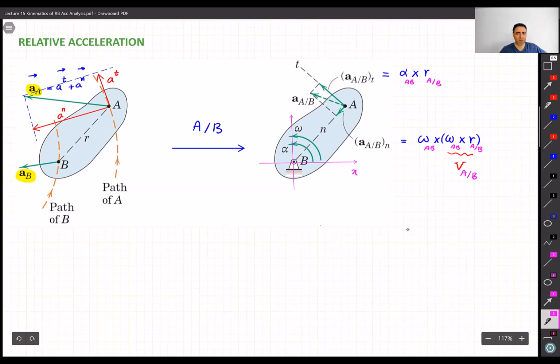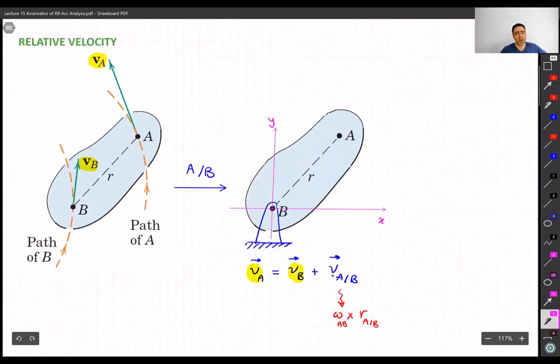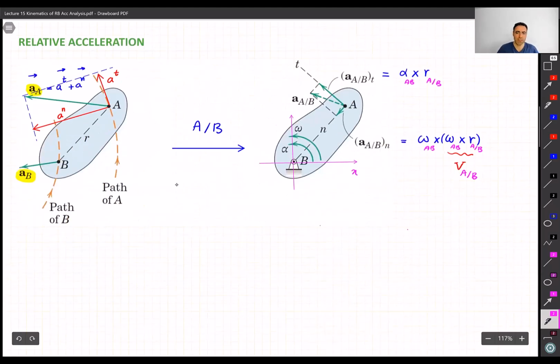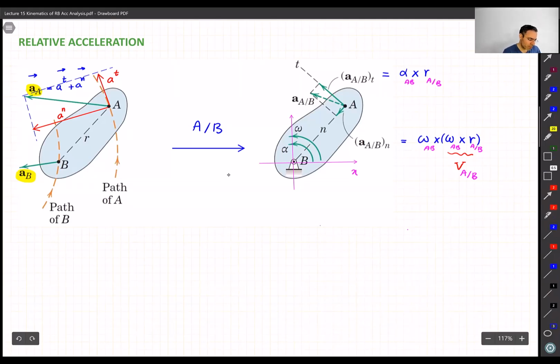If I move back one slide, this is the velocity that we talked about, right? This is the same setup. Everything is moving in a similar manner, but we are analyzing acceleration now. So this is what we know.